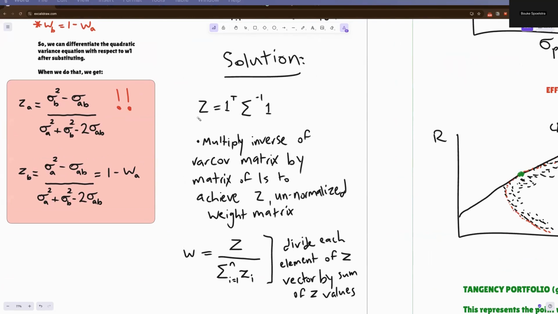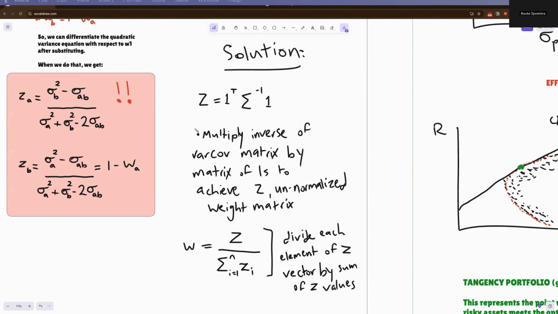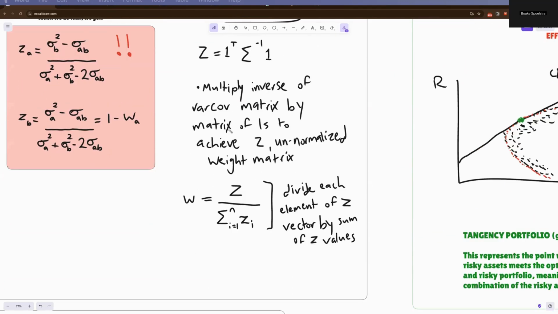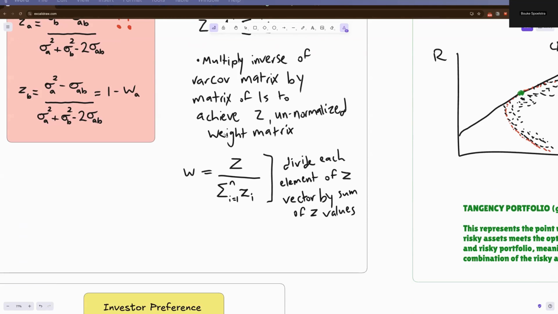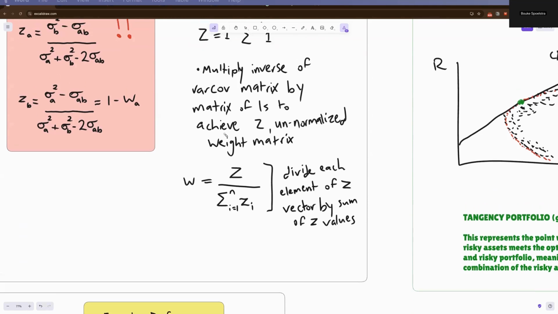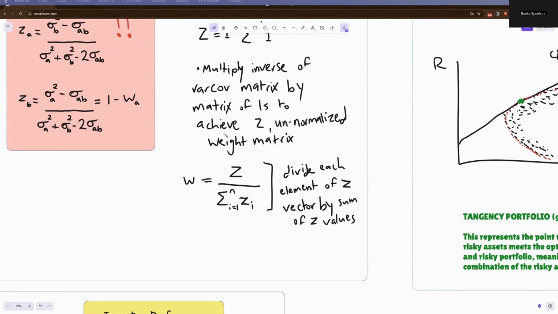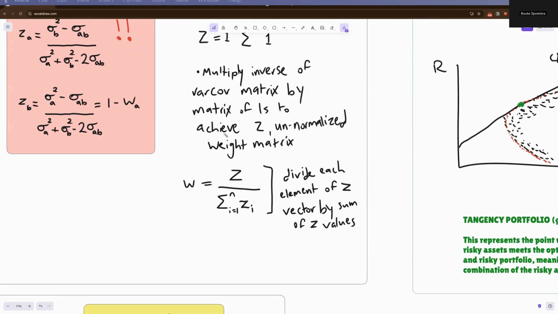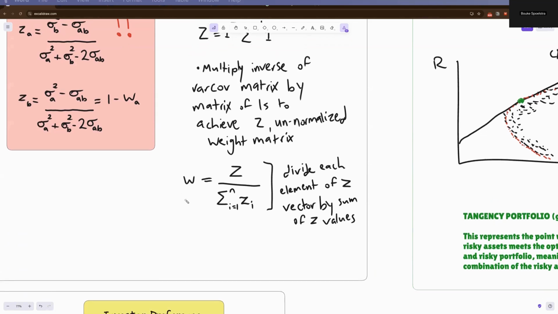This is how you would get the unnormalized weights: the inverse of the variance covariance matrix multiplied by a vector of ones. And then you would normalize the weights by dividing each element of the z vector by the sum of those values.